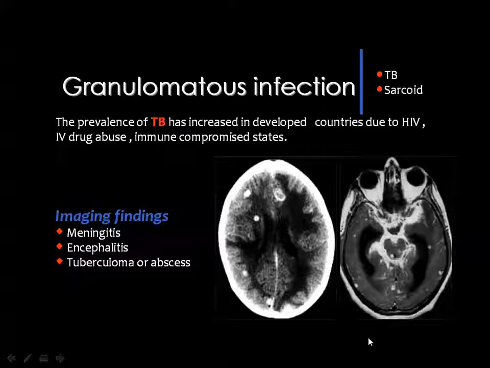Then we come to the granulomatous infections, and here we want to discuss TB and sarcoid. Actually, you know that intracranial TB is now increasing in the developed countries due to HIV infection and intravenous drug abuse, as well as immune compromised states, including cancer and patients with organ transplant.